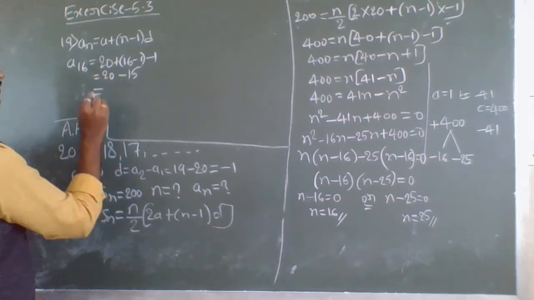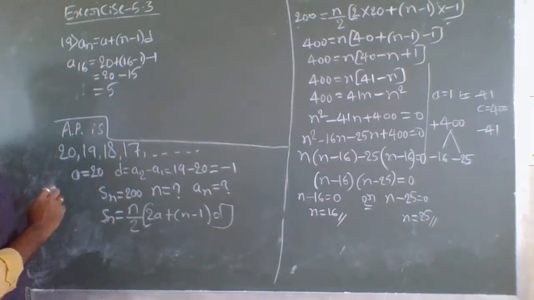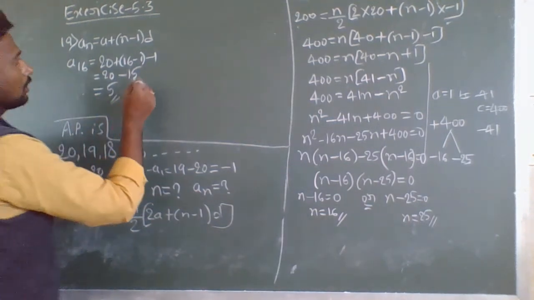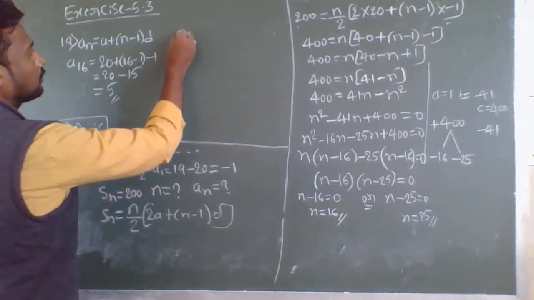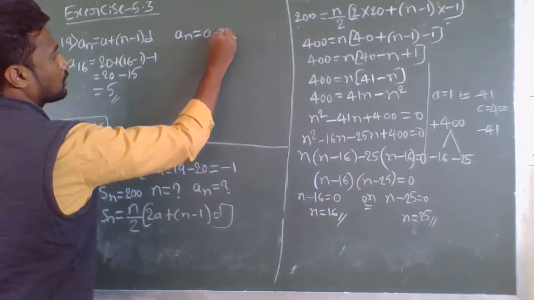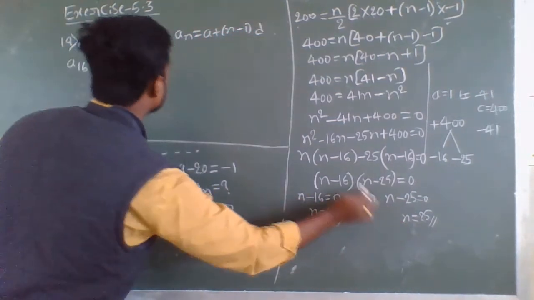Therefore 20 minus 15 means 5. So in the top row 5 if the n value is 16, and again I will calculate the an value, an is equal to a plus n minus 1 into d, where the n value is 25.